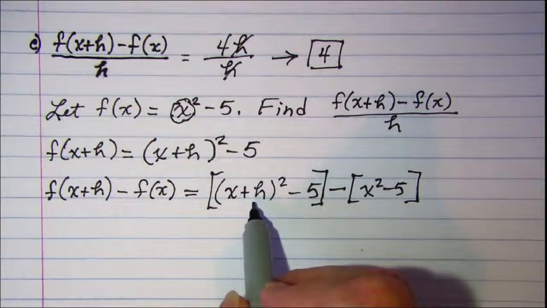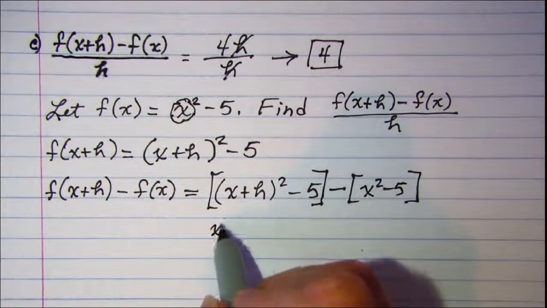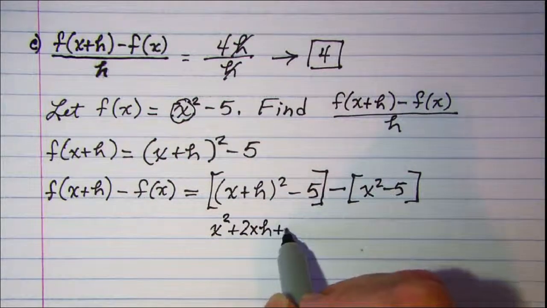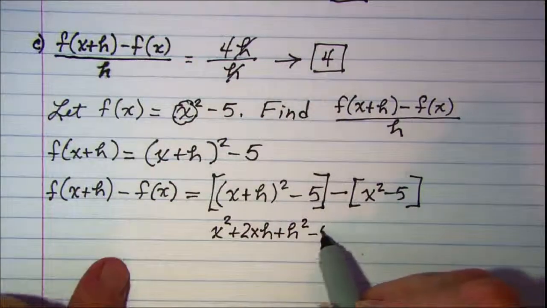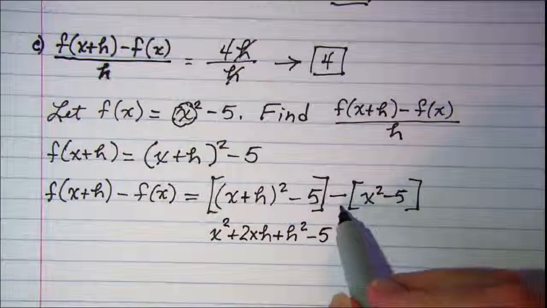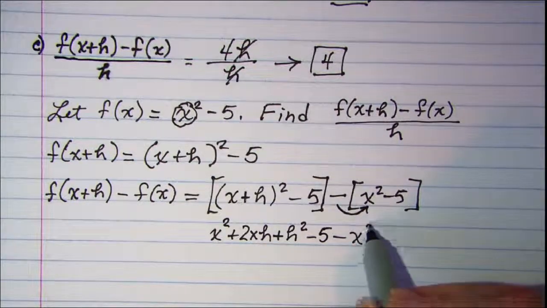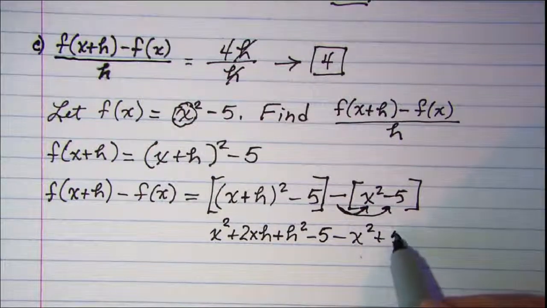Let's multiply x plus h quantity squared. So that is x squared plus 2xh plus h squared. And then subtract 5. And then I'll need to distribute this minus sign. So there's minus x squared and then plus 5.